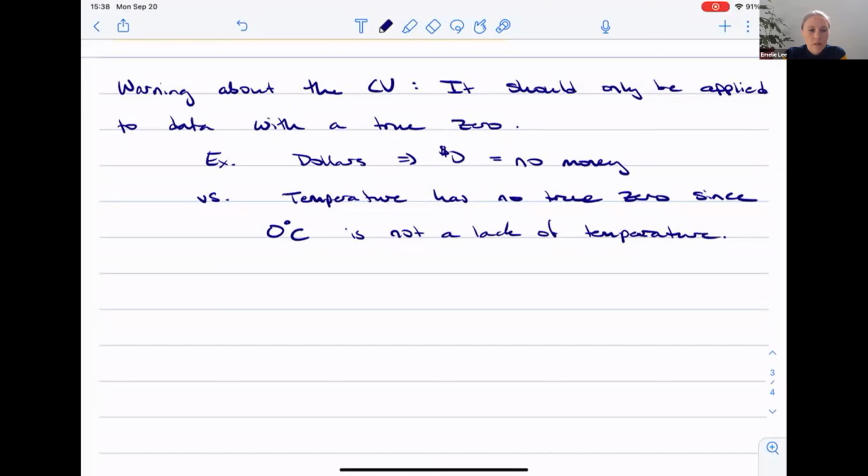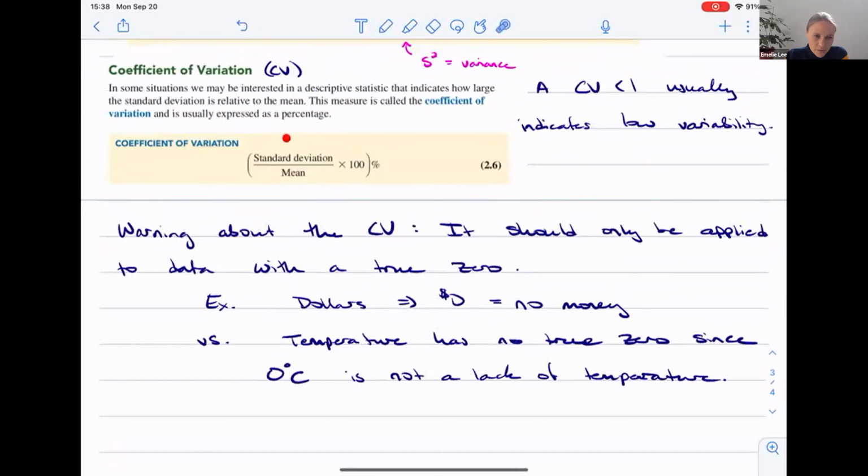Okay. So it's just a warning, something to keep in mind, exactly, a measurement versus a quantity, if you want to think about it that way. My goal here is not to have you memorize this, but rather, if you find yourself calculating the coefficient of variation, I want a little trigger in your mind saying, she said something about being careful.